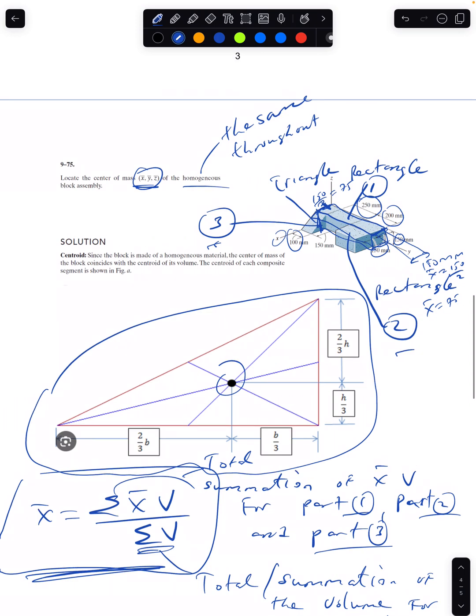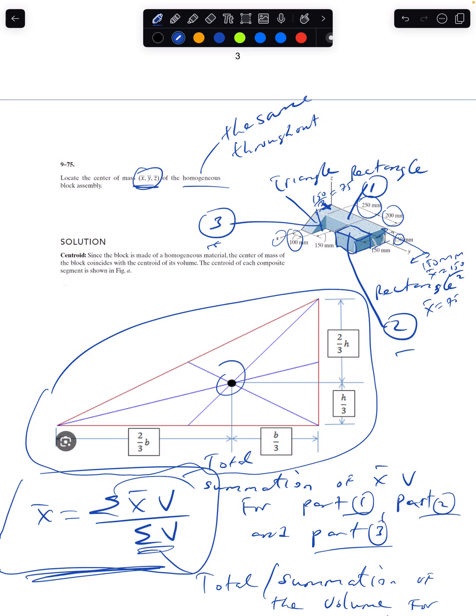And my part 2, I want you to see part 2 properly. So my part 2 is this guy, and this guy is also a rectangle. That is my part 2.